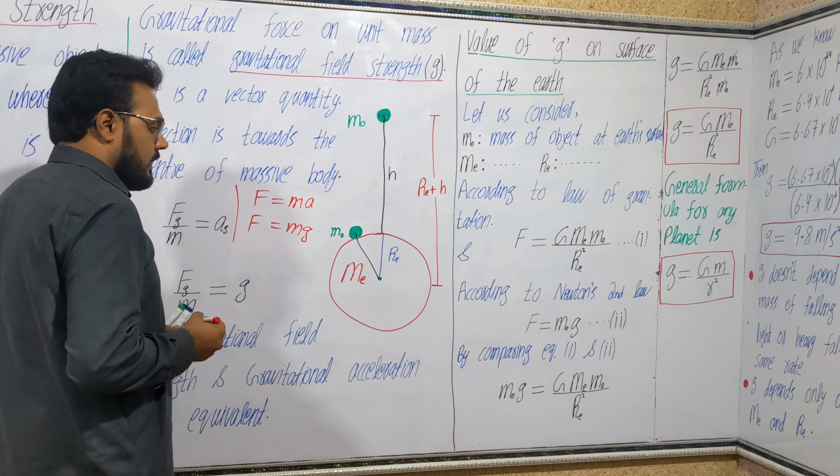Now the m0 terms cancel out with each other, and G M_E over r square is left here. This is our final equation. This is the value of g on the surface of the earth.